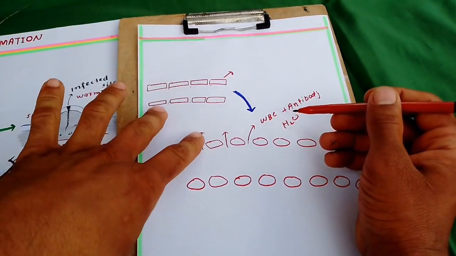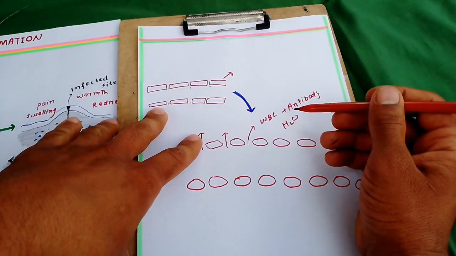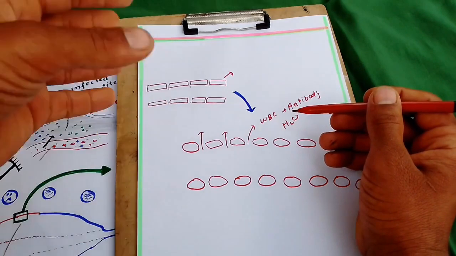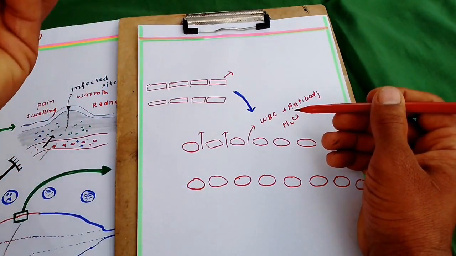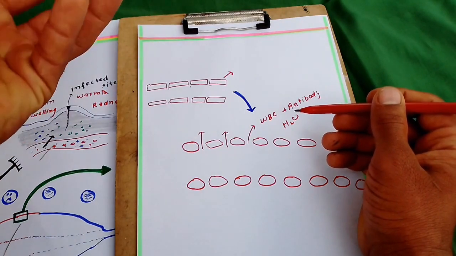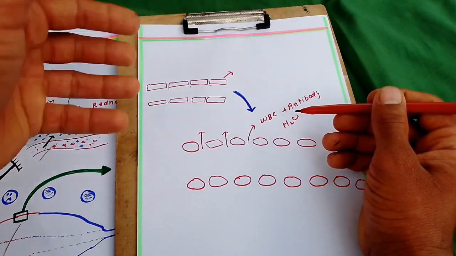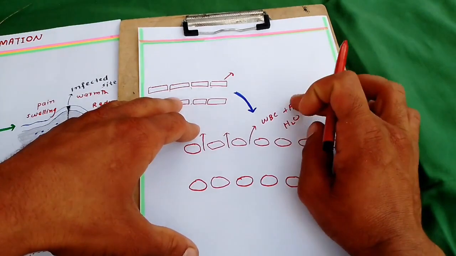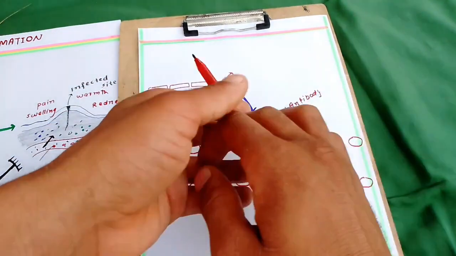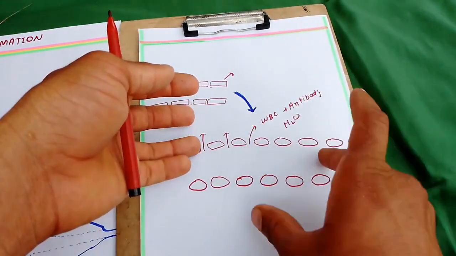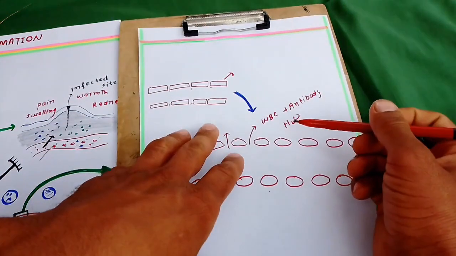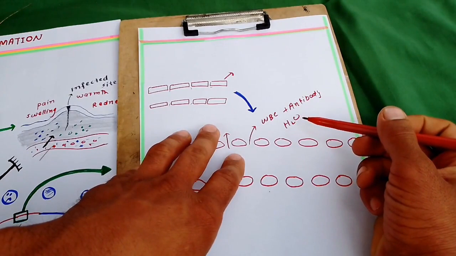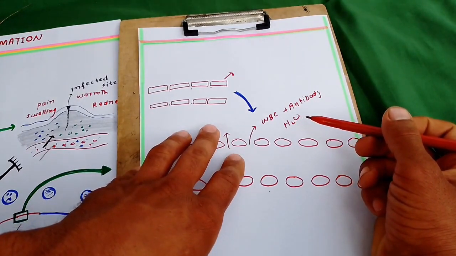What is the function of WBC? To fight against that bacteria. Here more neutrophils, basophils, T helper cells, B lymphocytes, etc. come to fight against that bacteria, to prevent further infection, and to remove the infected cells and the destroyed bacteria.